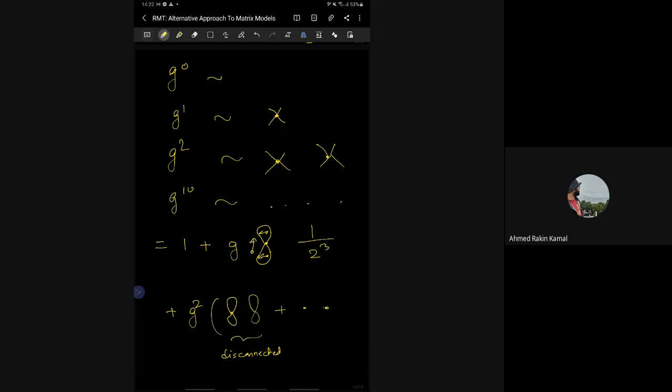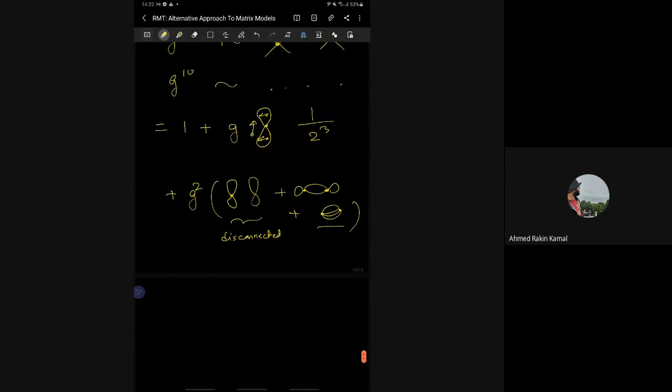You had this one, and you had 1, 2, 3, 4. One of them is connecting, all of them self-contracting, two of them self-contracting and 2 of them connecting to the other, and so on. We can have g cube. At order g cube, we will have 3 vertices. At order g10, we'll have 10 vertices, and we will have different graphs corresponding to it.